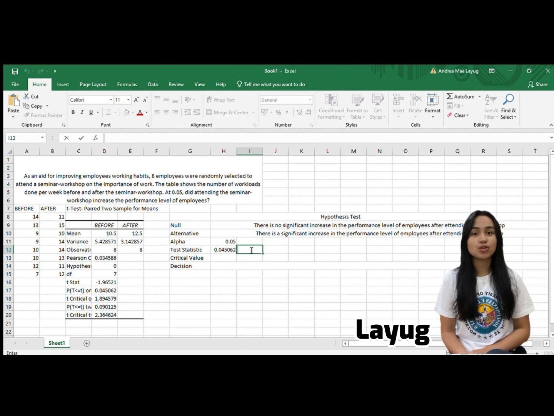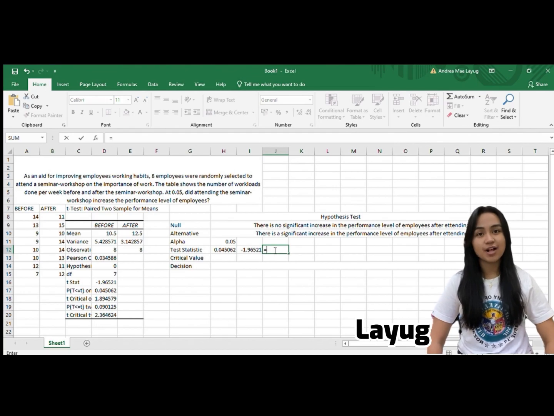To get the actual t computed, in the next cell, just type =T.INV, and since it is one-tailed, we're going to choose this one. For the probability, we select the probability value, comma, and the degrees of freedom is n minus 1, which is 8 minus 1, so 7, then tap on check.